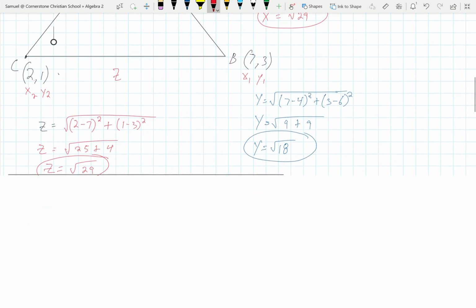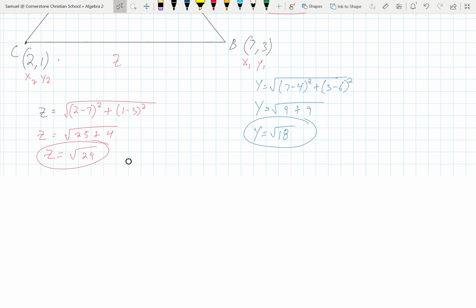All right, again, this was a majority of review, things you had done before. The homework is going to be page 617, 4 through 12, even, 18 through 22, and 29 through 32.